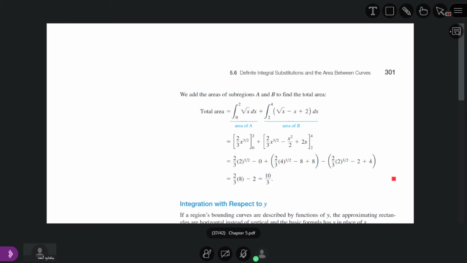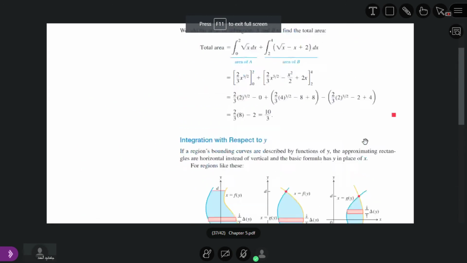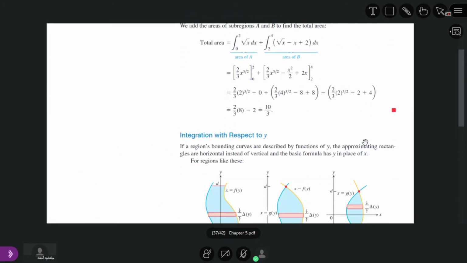So we shift y plus 2 to this side, and what do we get? We get y square minus y minus 2 is equal to 0.